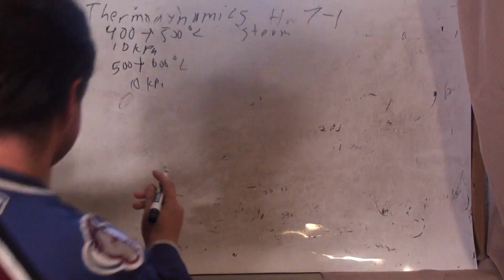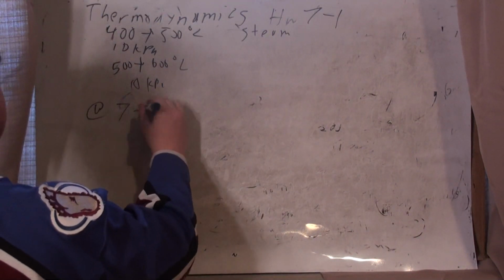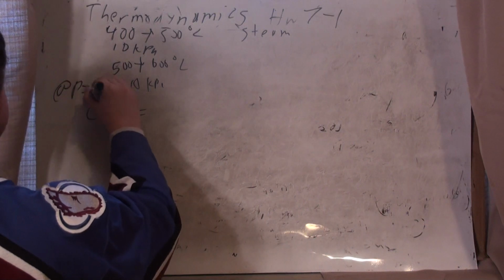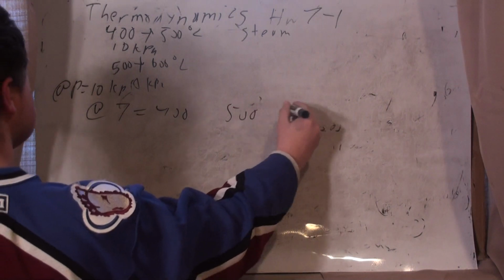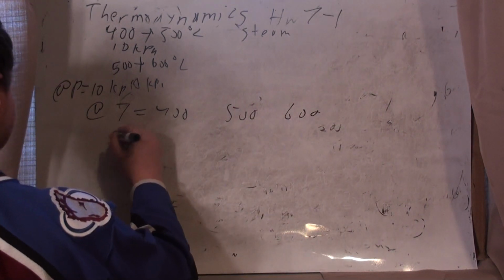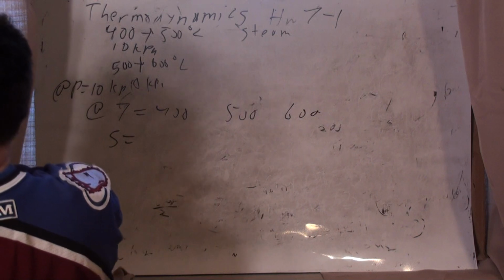Okay. So first, let's treat this as full steam, as true steam, which means we go to the steam tables. Okay. And 10 kPa is not saturated, so you go to 10 kPa. So this is how we'll do it. We'll say all at P equals 10 kPa, but we have at T equals 400, 500, and 600, and then we have S equals all its different things.